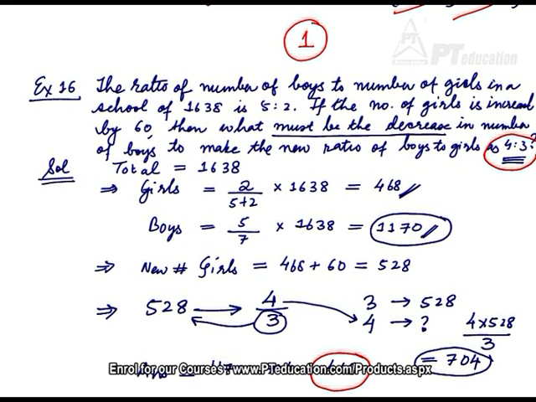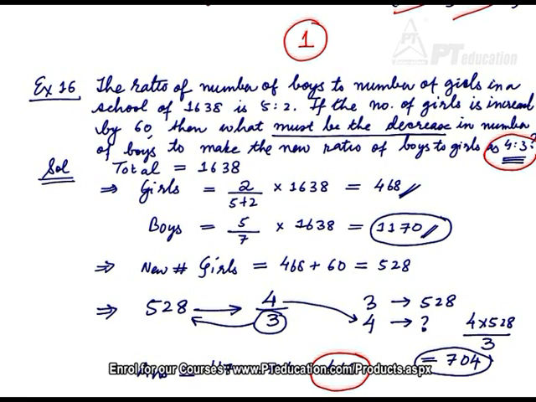That means when the ratio is 4:3, 3 is equal to 528. So what will 4 be equal to? When 3 corresponds to 528, 4 will correspond to how much? This will give us the final number of boys in school. 4 into 528 divided by 3, which is equal to 704.